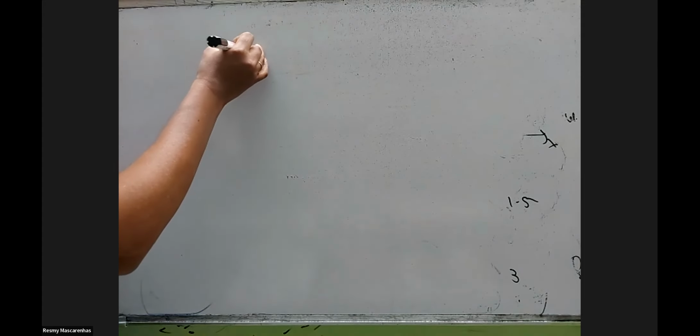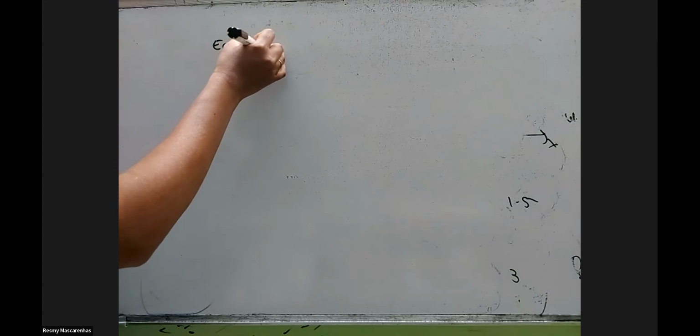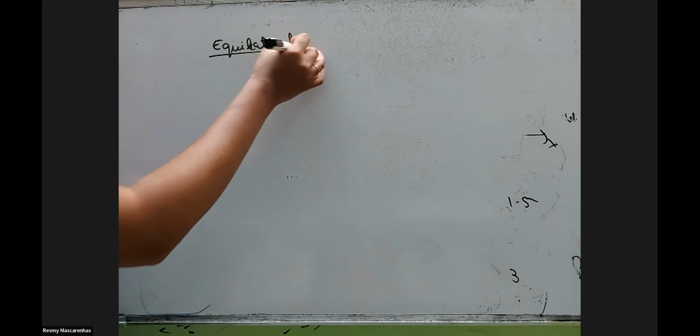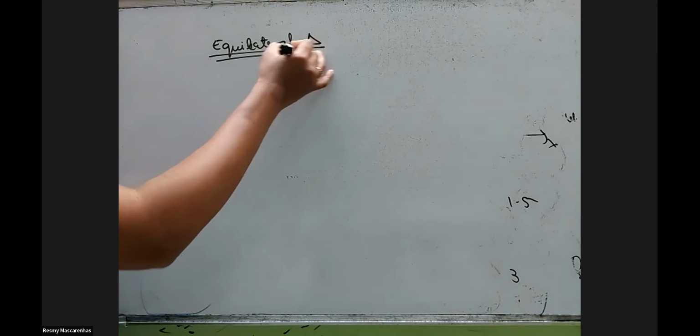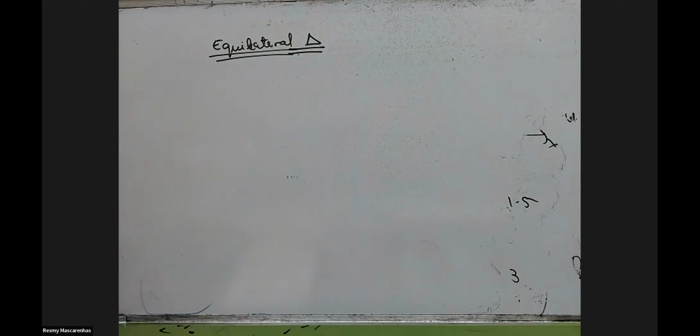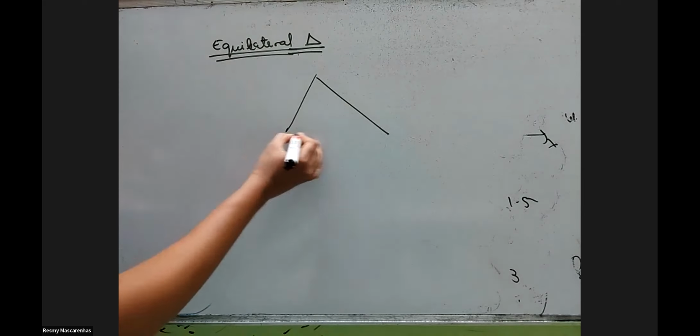Next question is about the equilateral triangle. In general, I'll tell you, when any value is given, you can formulate. Suppose it's an equilateral triangle, how do we find the center of mass? Equilateral triangle means all the sides are equal.